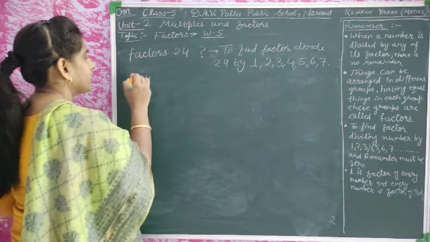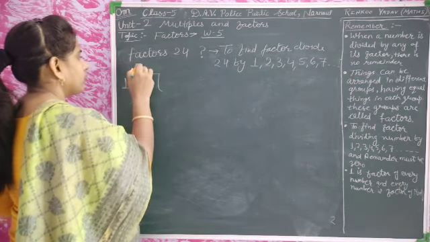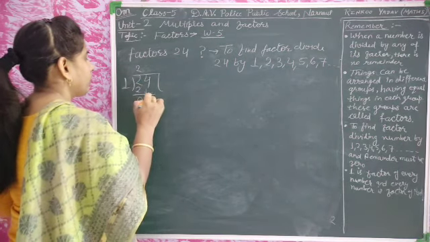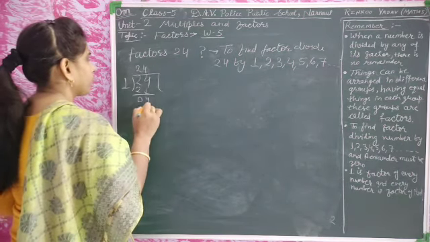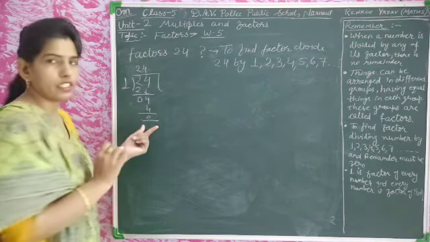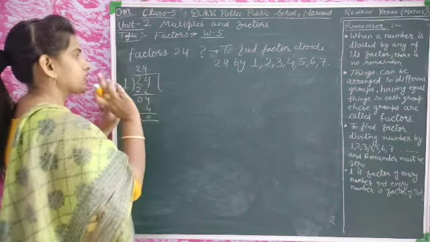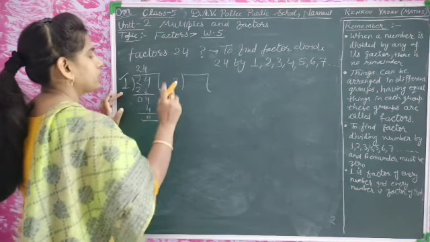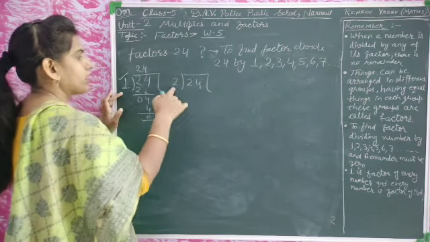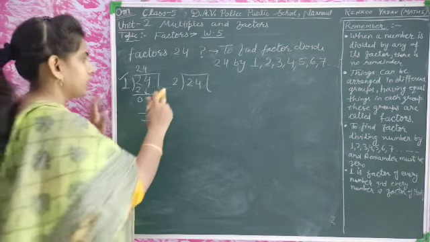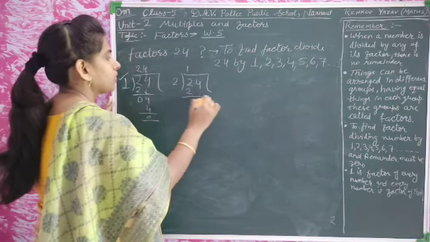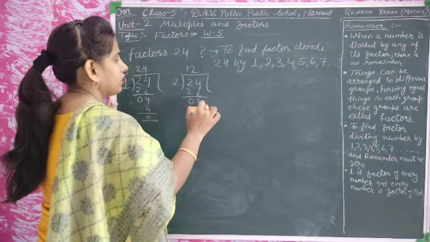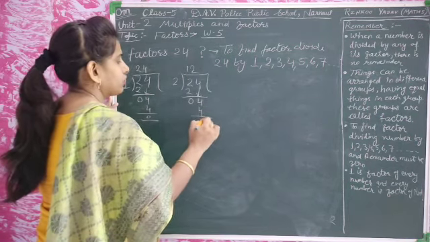First we will divide 24 by 1. 1 2s are 2, and 1 4s are 4, that is 0. Is the remainder 0? Yes. It means this is a factor. Now we will check the next number, 2. 24 is divided by 2. 2 1s are 2, 0 here, 2 2s are 4, 0 here.